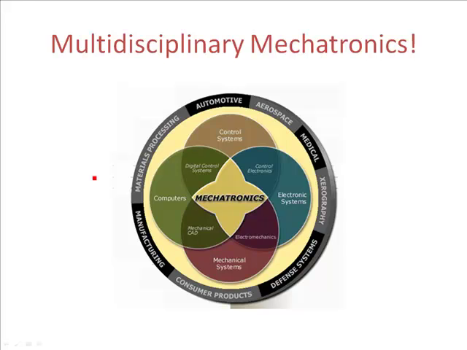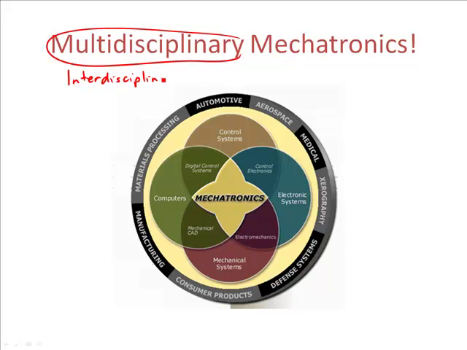But one of the things you'll see in most of the definitions is either the word multidisciplinary or interdisciplinary. And this is because you'll see that there are many different engineering disciplinary areas that overlap to form this central area of mechatronics. So those of you who are mechanical engineers have a pretty good understanding of mechanical systems.